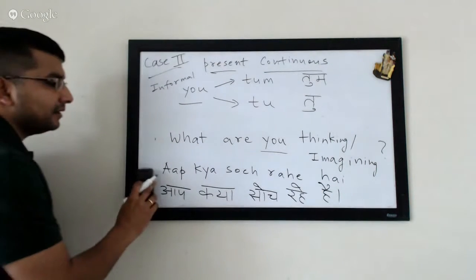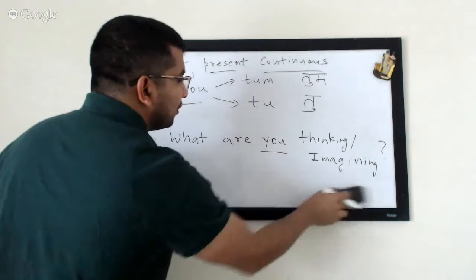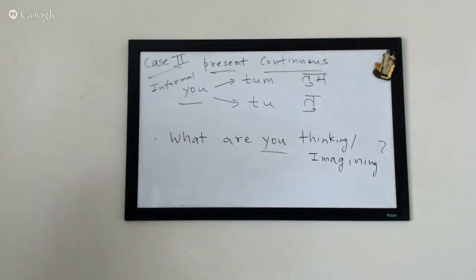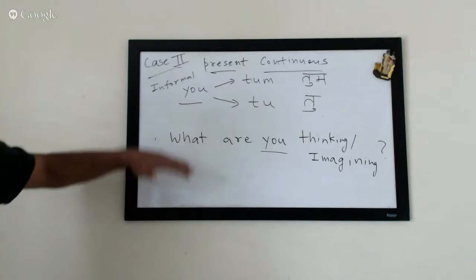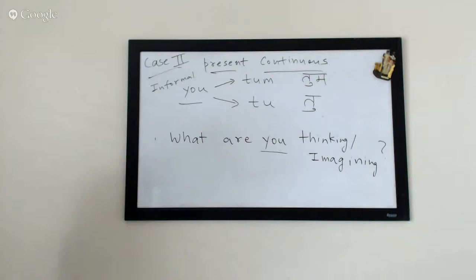If you were to write it using informal you, what will be your sentence? So write down the same sentence using tum and tu. Keep trying, everyone.